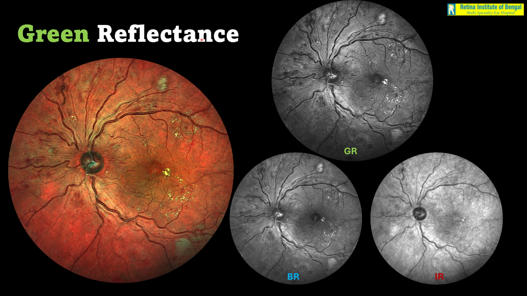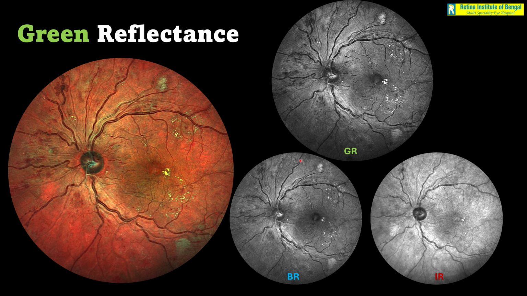Now the green reflectance, as we have already said, is from the inner retina up to the middle retina, say, and therefore is very useful to study retinal vascular pathologies, because we know the retinal blood vessels supply up to the top half of the retina, and this is where the green laser gets reflected back mostly from.